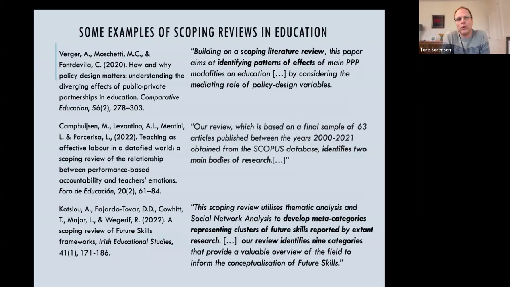Before diving into my own example of a scoping review, here are a few other titles that I encourage all of you interested in education, I assume, to look into if you are interested in literature reviews, and scoping reviews in particular. Three different scoping reviews with a different focus. But what they have in common is that they are looking for patterns in one way or the other in the literature.